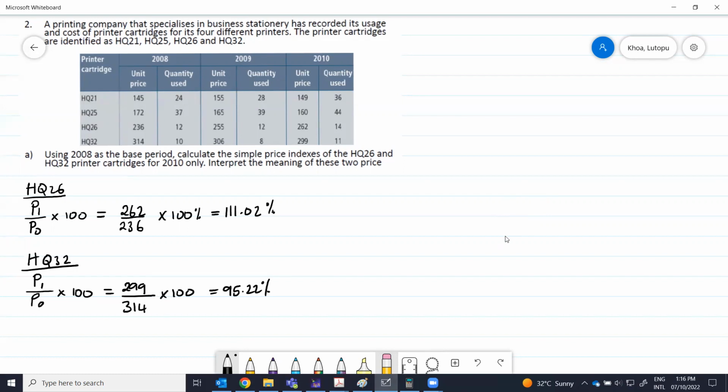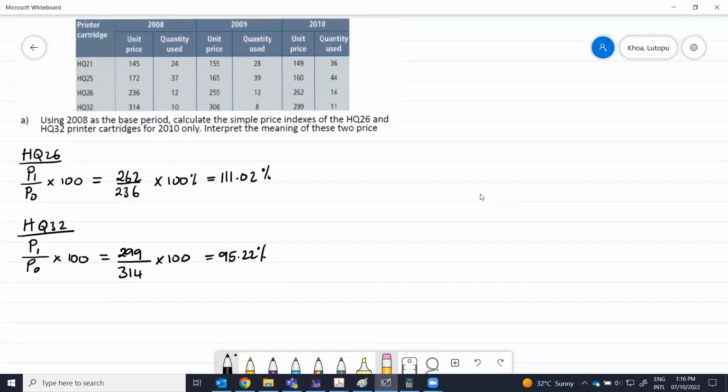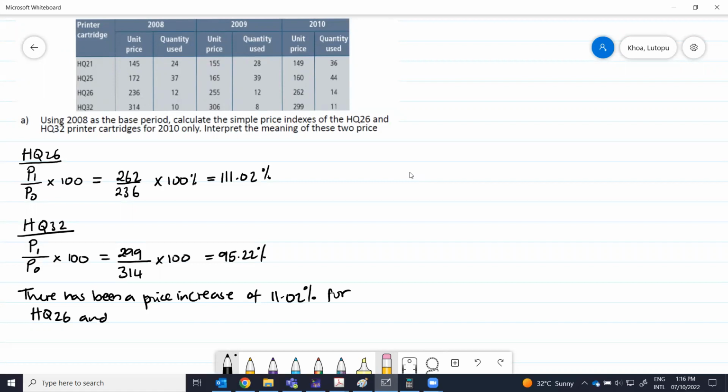Okay, now the last part of the question says interpret the meaning of these two price indexes. So we say that there has been a price increase of 11.02% for HQ26 and a price decrease of, how to get the price decrease?